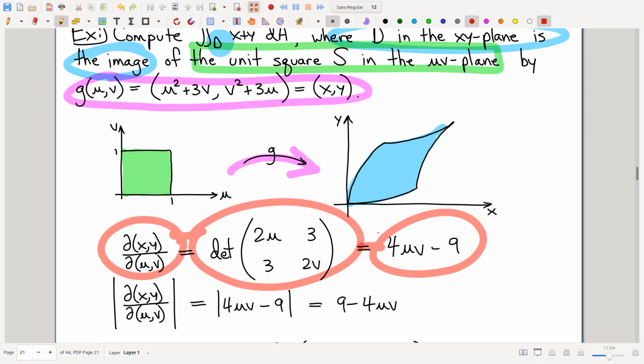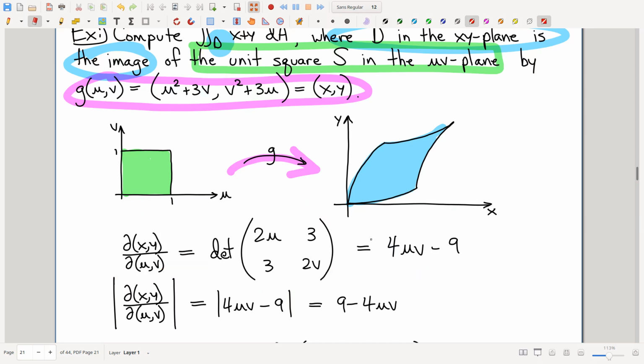Now, the little detail that we have to worry about is that our stretching factor is actually the absolute value of that. And so we've got to worry about how we take the absolute value of some expression where at a quick glance it's not immediately clear: am I taking the absolute value of something that's positive? Or negative?